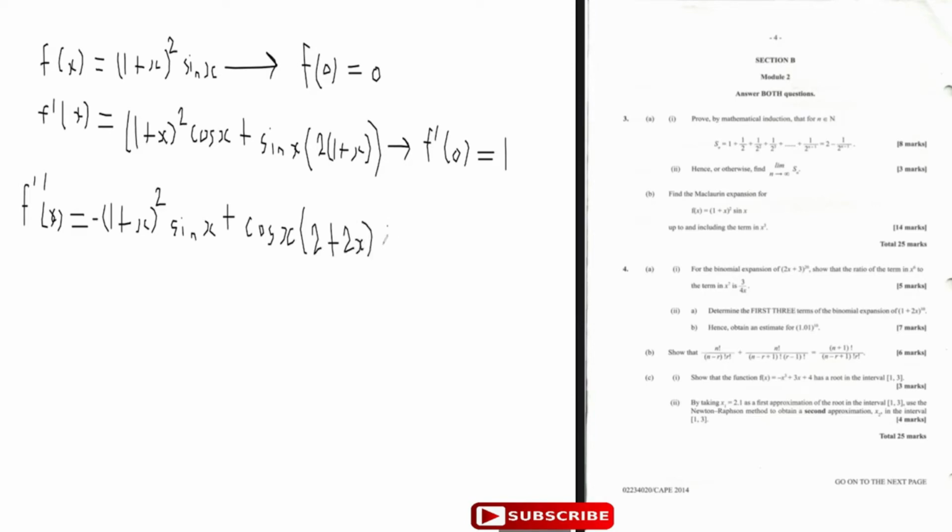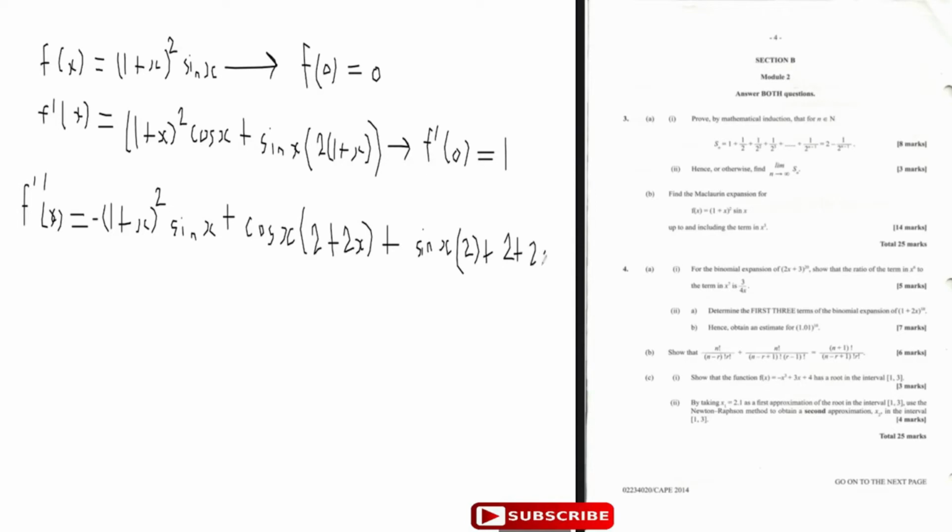Plus over here now is differentiating this using the product rule. It is keep the first, which is sine x, times the derivative of the second. Differentiating 2 plus 2x is 2, plus keep the second, which is 2 plus 2x, times the derivative of the first.